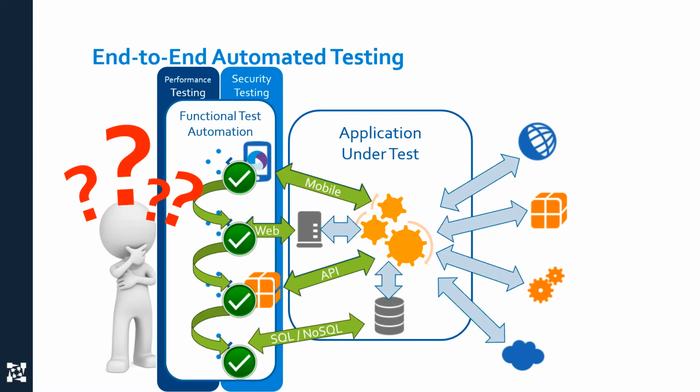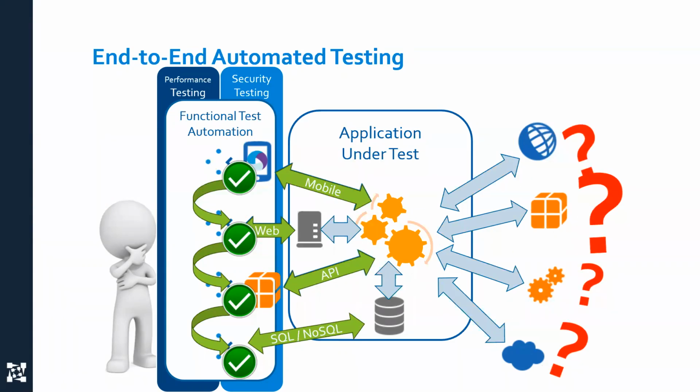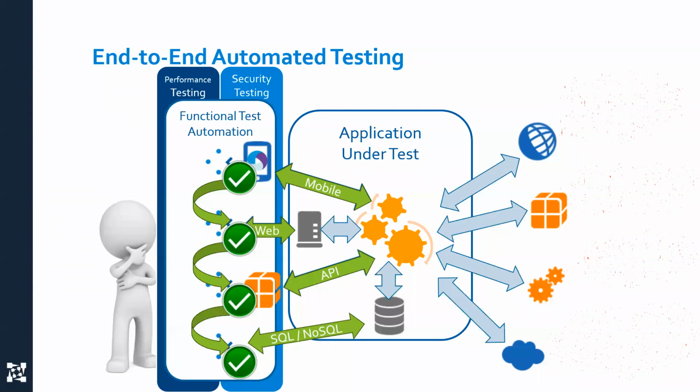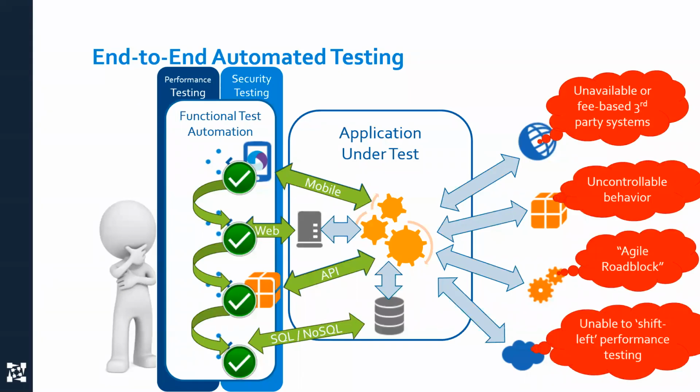Now, once an organization has successfully implemented functional test automation to validate their interfaces, really what happens is that the challenge shifts to the back end, that entire house of plumbing that you need in order to support this application. And you can have challenges back here where some of these services may not be available because they're currently being developed.